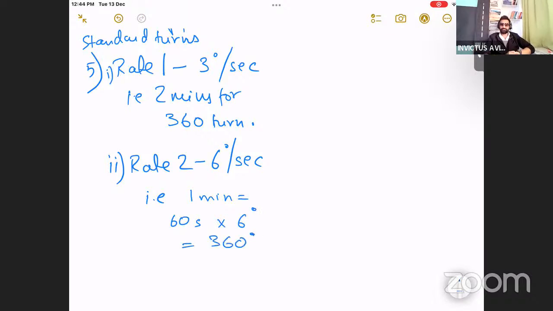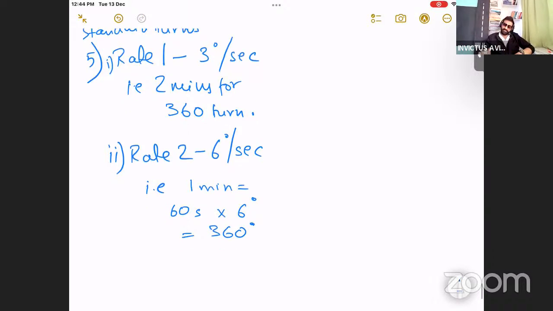Simple calculation, right? You can do it in any way possible. Keep it simple, students. Do not let room for confusion occur. So it takes 1 minute for a 360-degree turn.